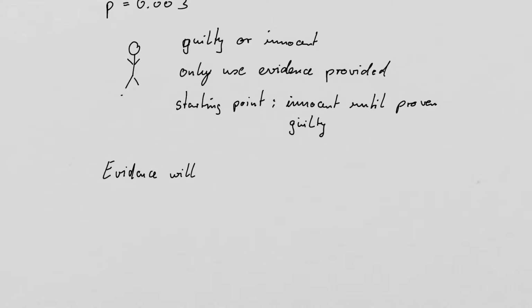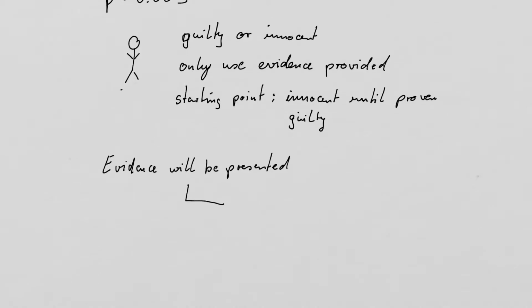Evidence will be presented. And on the basis of this evidence, the jury will then say, we have come to this conclusion, beyond reasonable doubt, that the defendant has done the deed or not.